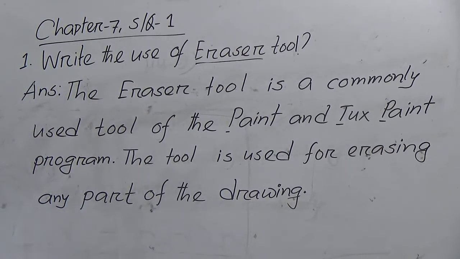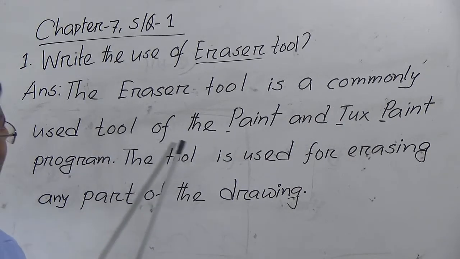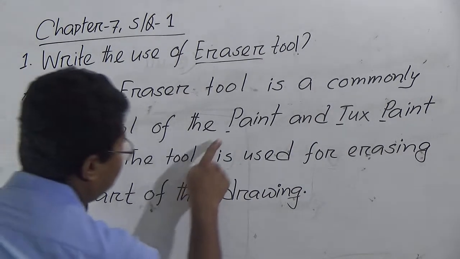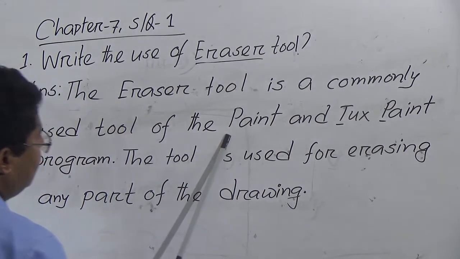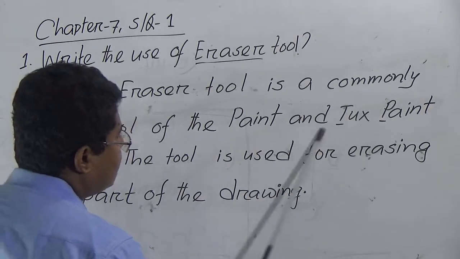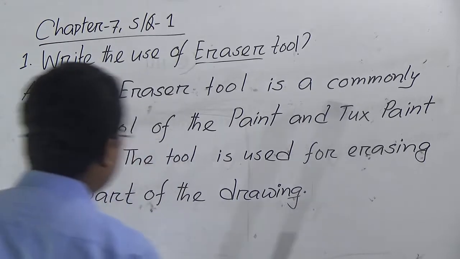I'm repeating again. Write the use of eraser tool. Answer: the eraser tool is a commonly used tool of the Paint. Don't give a dash there. I have given this one to show you the capital letter. Paint and Task Paint program, T and P will be capital. Task Paint program.